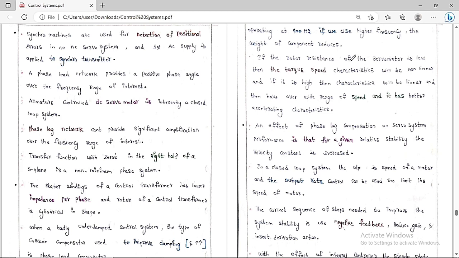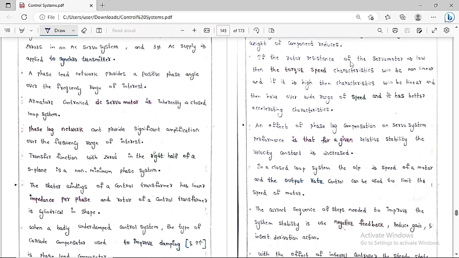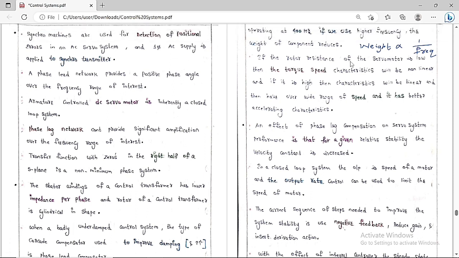If we use higher frequency, the weight of the components reduces, because I already told you weight is always inversely proportional to frequency. So whenever you increase the frequency, the weight of the devices is going to get reduced. Therefore we can easily use this in aircraft.